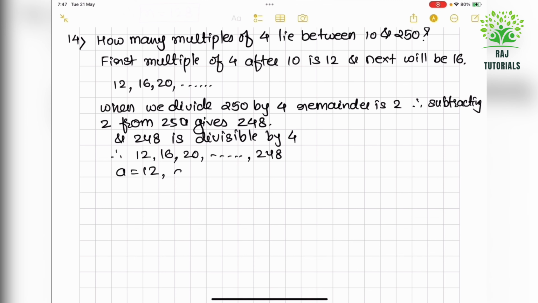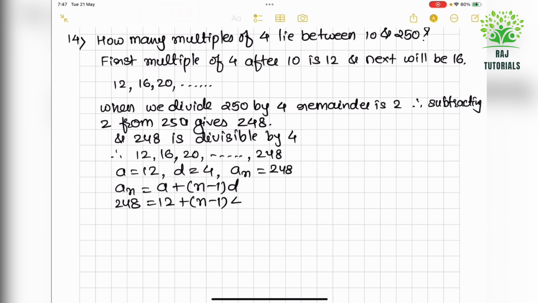So A is 12, D is 4, AN is 248. Now if we solve that, using the formula AN equal to A plus N minus 1 D, 248 equal to 12 plus N minus 1 into 4.